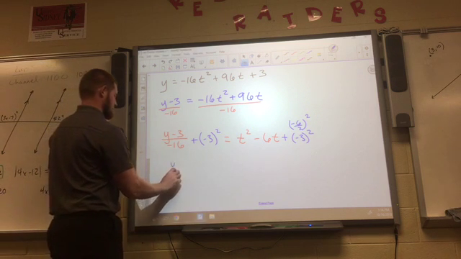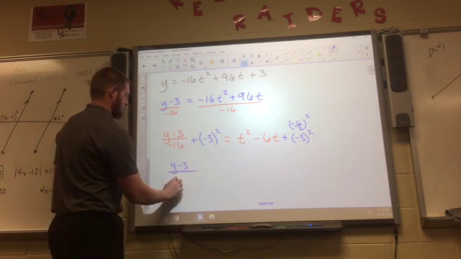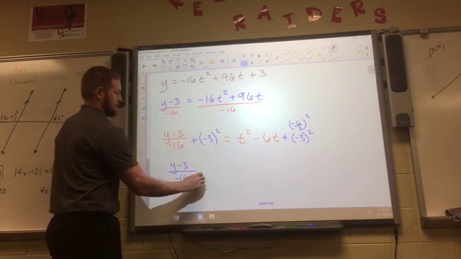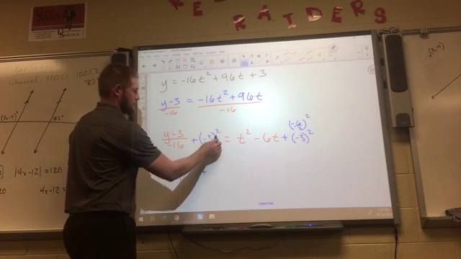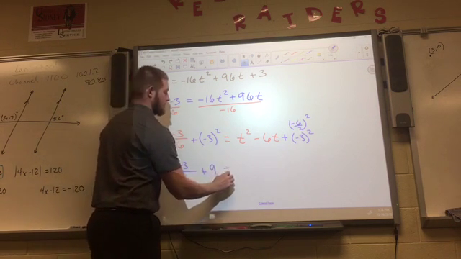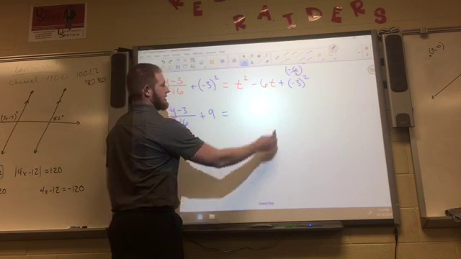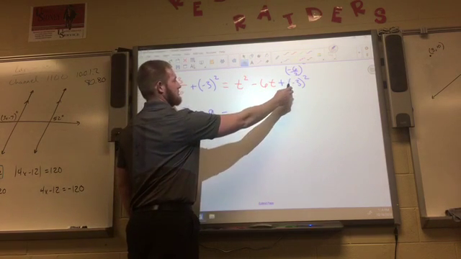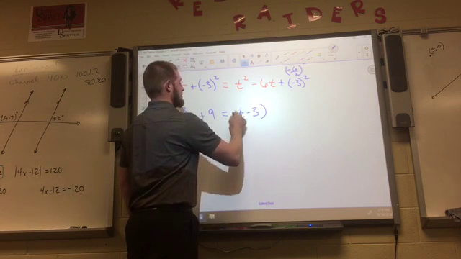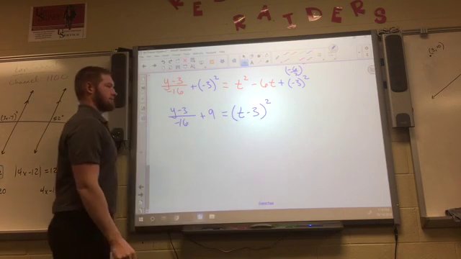There's a lot going on in this problem, I get that, so make sure you let me know if you're stuck. So I have y minus 3 over negative 16 plus, what's this end up as? 9 equals, and the right side factors to t minus 3 squared.